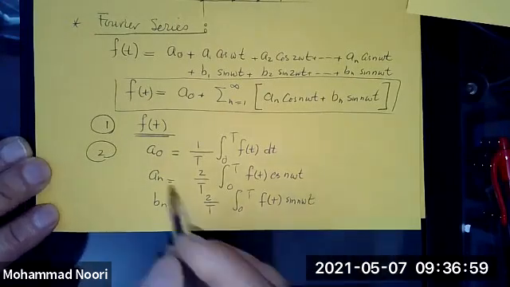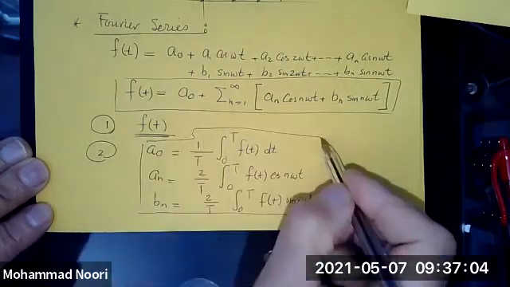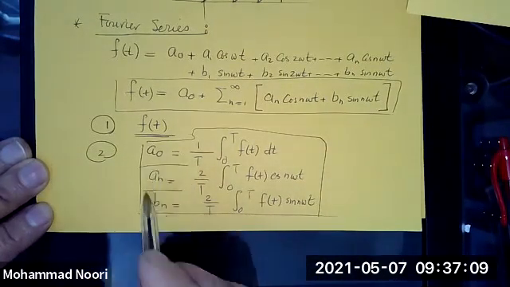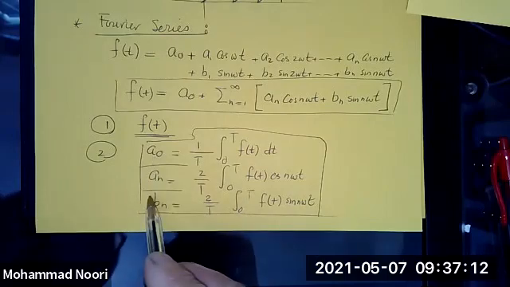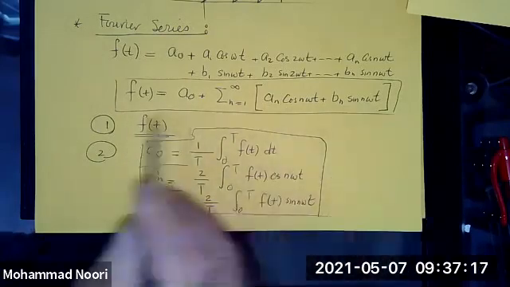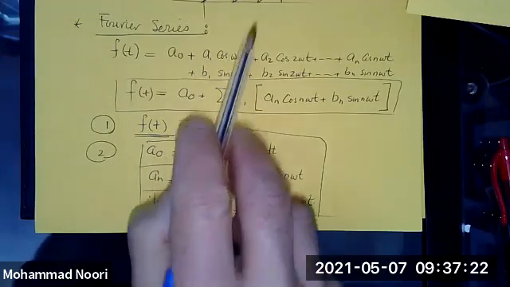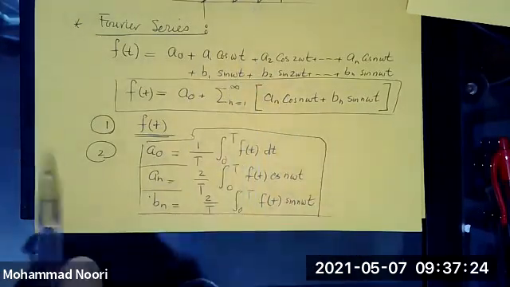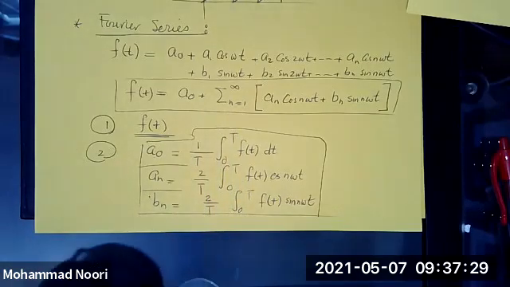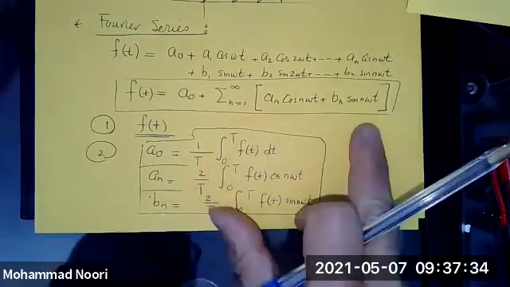So all you need to do is set up the function as step one, and then evaluate these coefficients or these terms, substitute that in this series expansion, and you have an approximate form of the original function, except that the beauty of this form is that it is the sum of several harmonic functions.